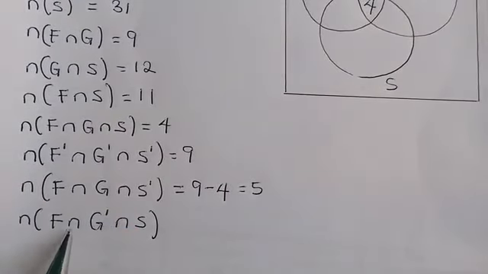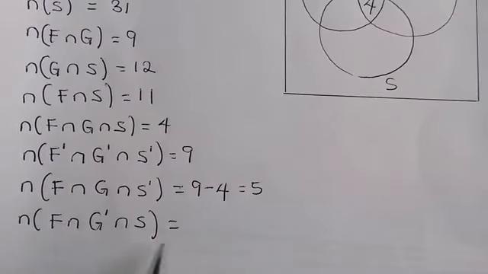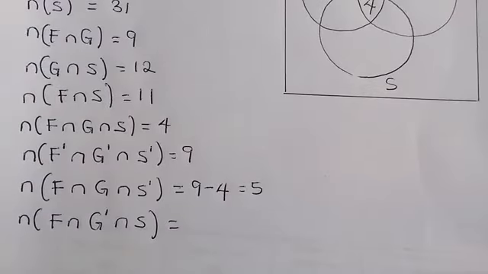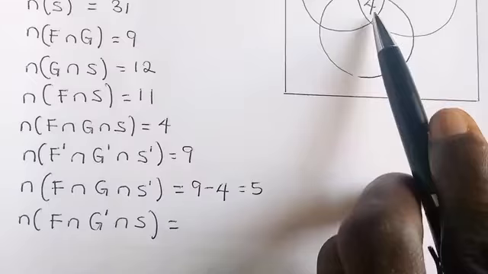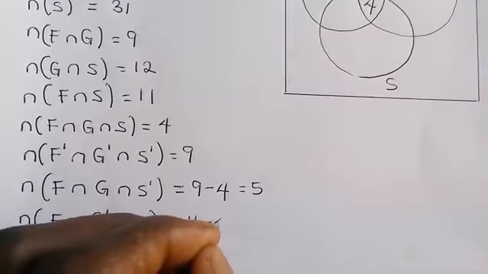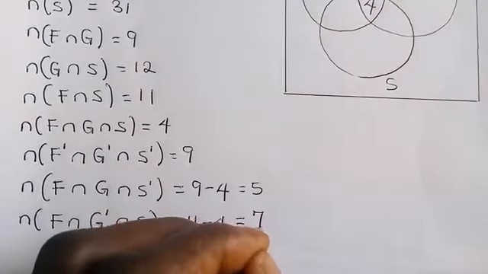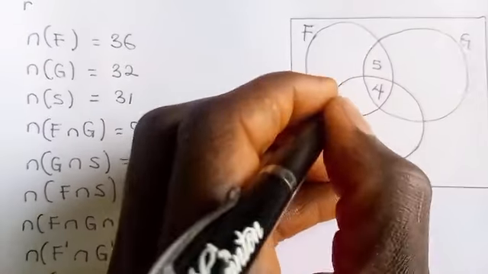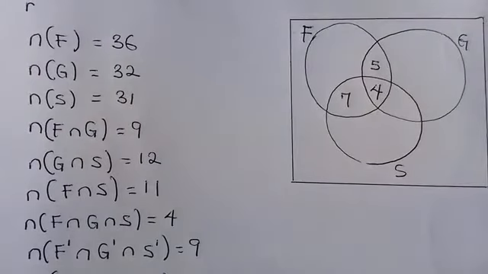That is F intersection G prime intersection S. So we have French and Spanish up here giving us 11, but we are looking at French and Spanish but not German. So we have to also subtract this 4 from that 11. So we have here 11 minus 4, and that gives us 7. So 7 is what we'll write here under F intersection S, but not G.